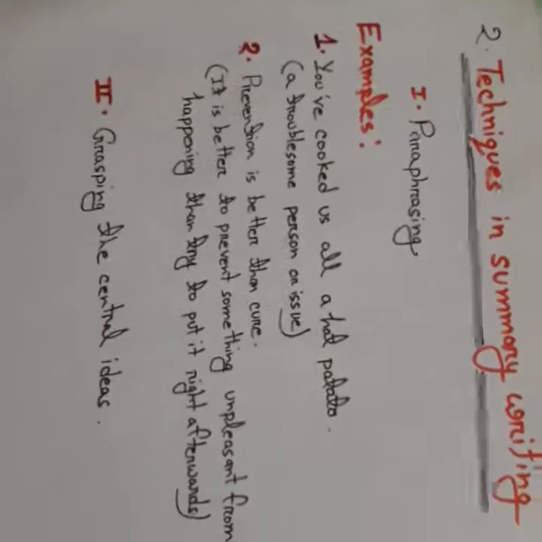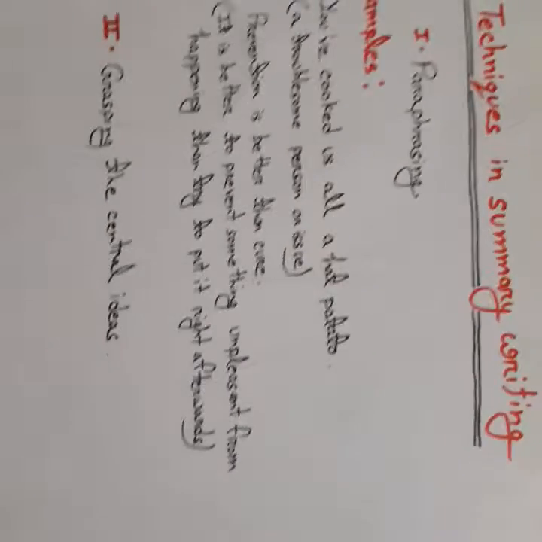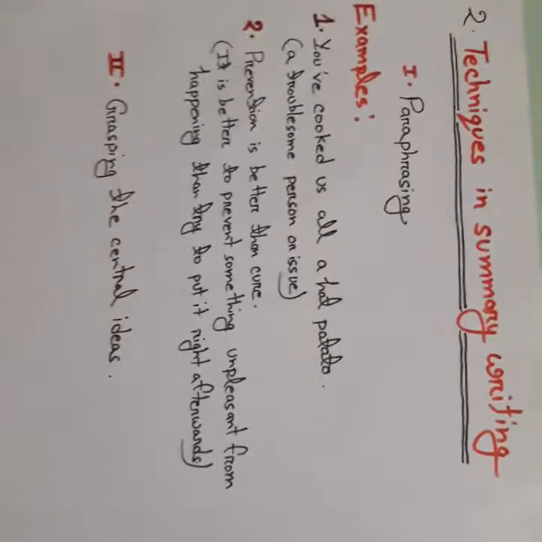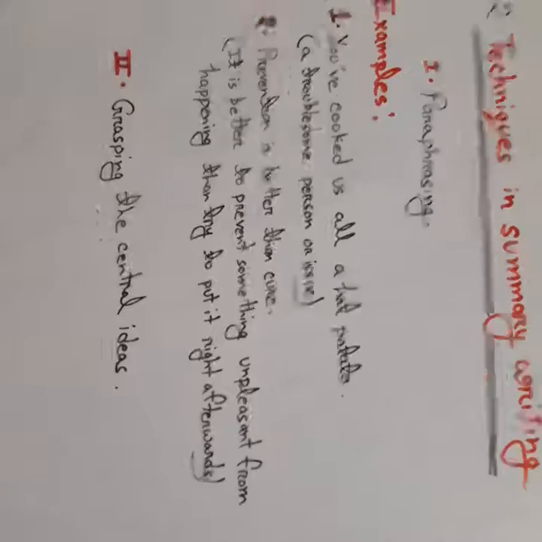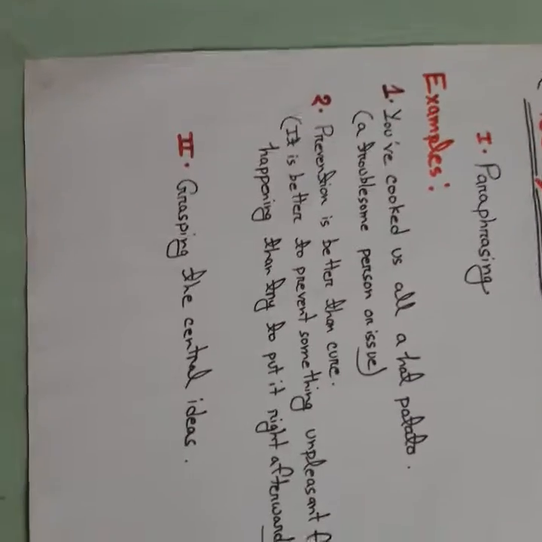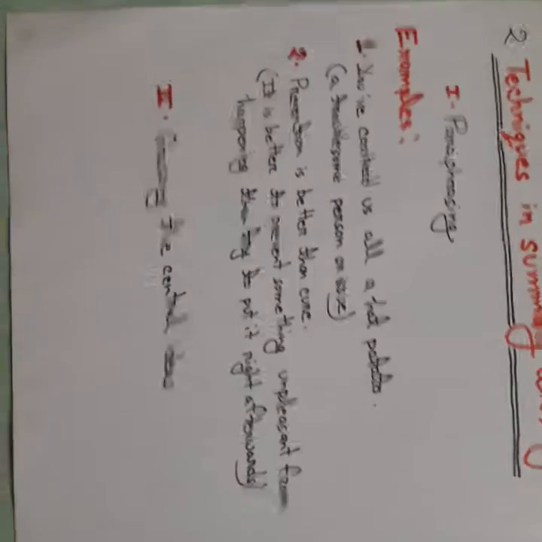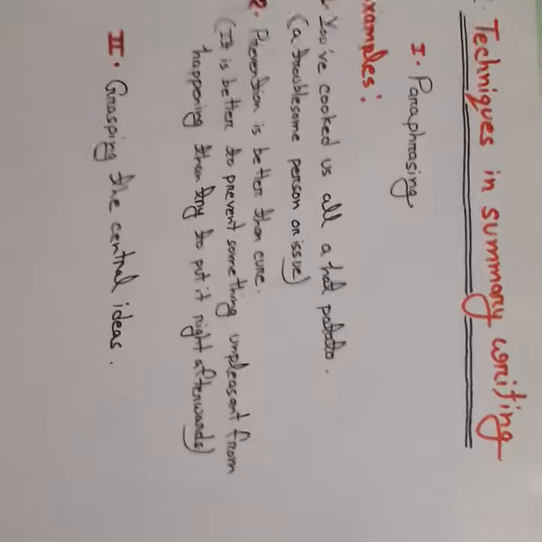Now we are going to look at the techniques in summary writing. At first we are going to look at the techniques that will help you to write a summary. Paraphrasing. When you paraphrase something, your summary will look much more correct.